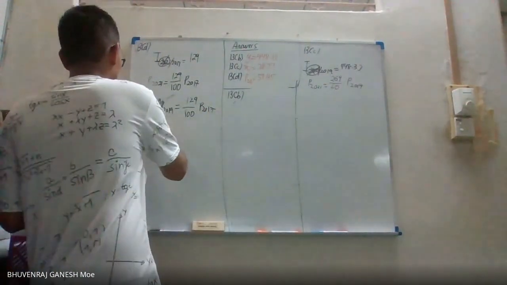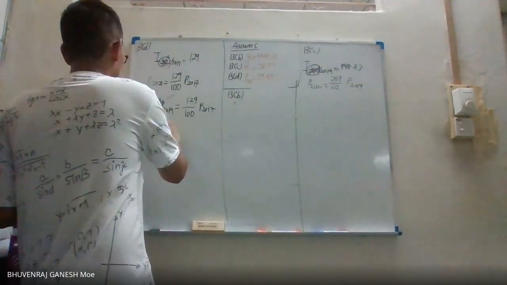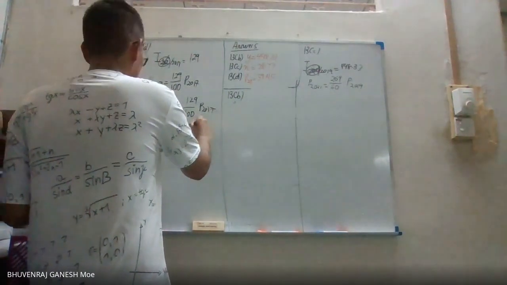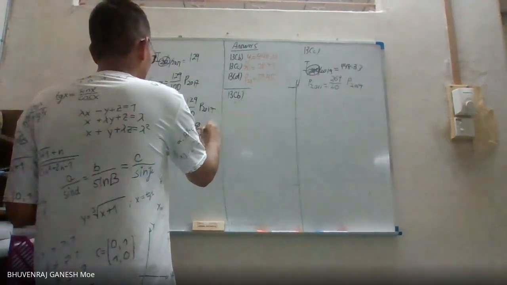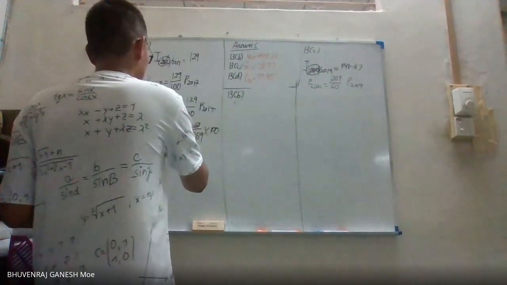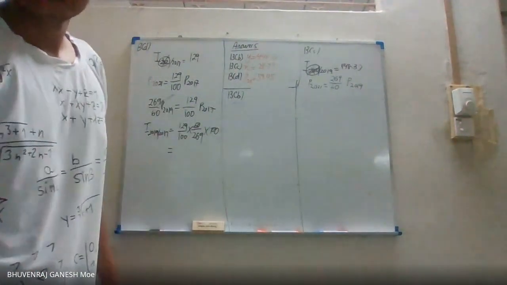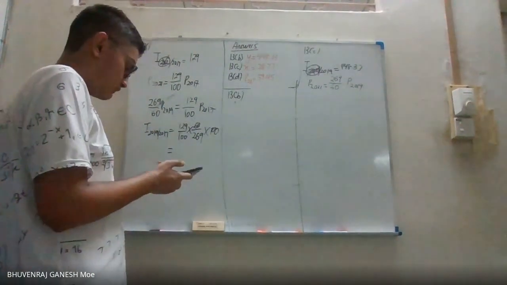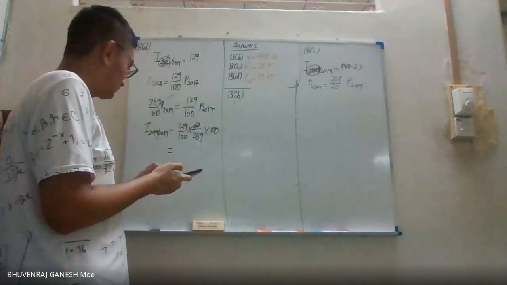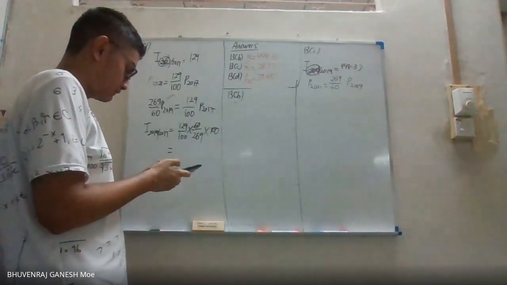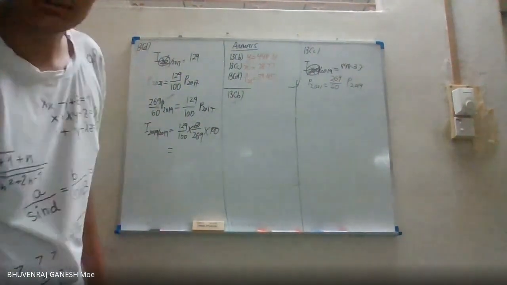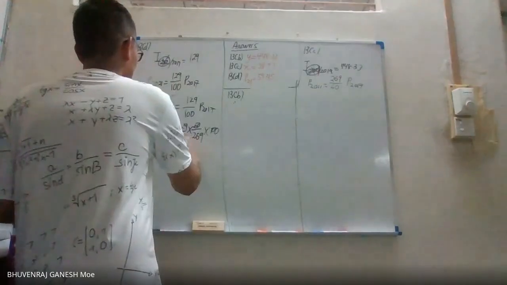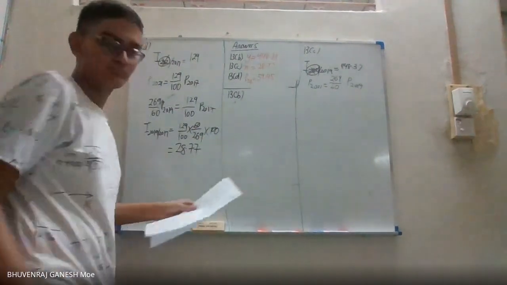Then you get I 2019 over 2017 equals 129 over 100 times 60 over 269 times 100. This will be your index, this part. Let me check and see. 129 over 100, 60 over 269. Yeah, get it already. So it's correct. So this part is 28.77. So it's quite a low index.